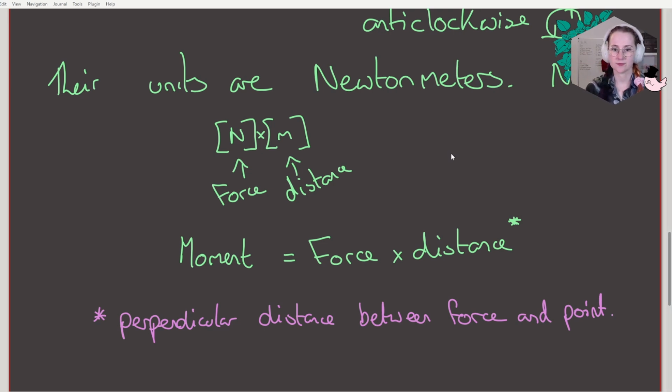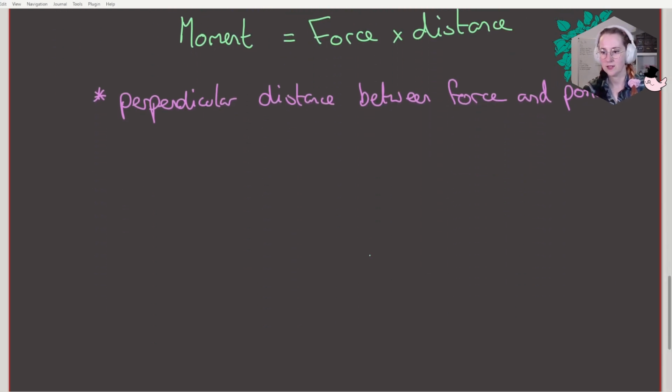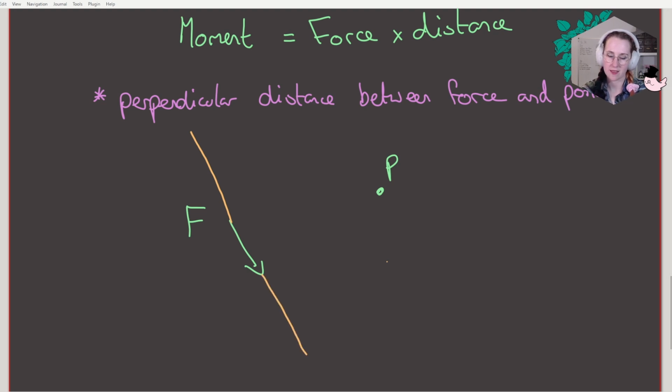So if we have a force F and we have a point here, F is away, then the distance that we care about... remember that force is a vector, so it has a size and a direction, but the direction is the same along the entire line. We're going to pretend that that is a straight line.